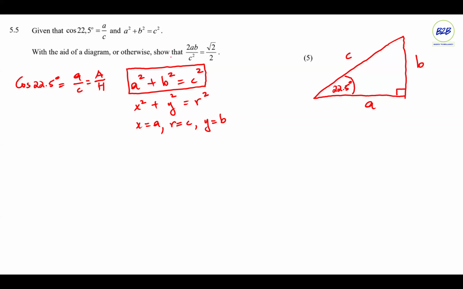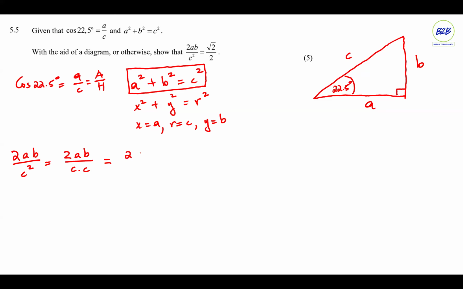And then we show that, okay, 2AB all over C squared is equal to root 2 over 2. That should be a walk in the park. We say 2AB all over, we can simplify C squared to be C times C. What does that mean?